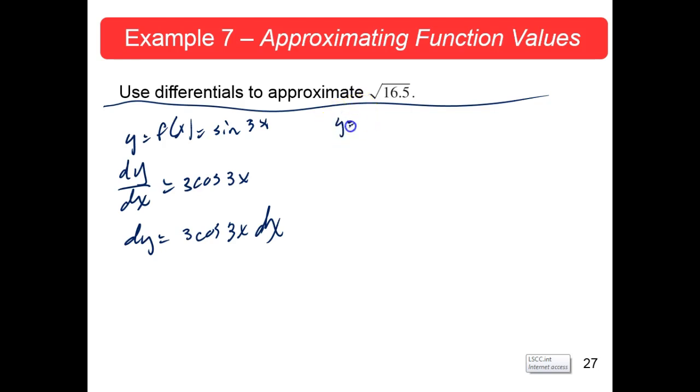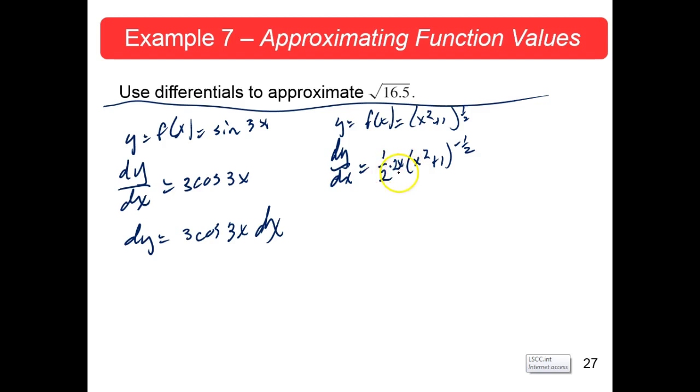Here's another one. y is equal to f of x is equal to x squared plus 1 to the 1/2 power. How would you get its differential? dy dx is equal to 1/2 times x squared plus 1 to the negative 1/2 times 2x.